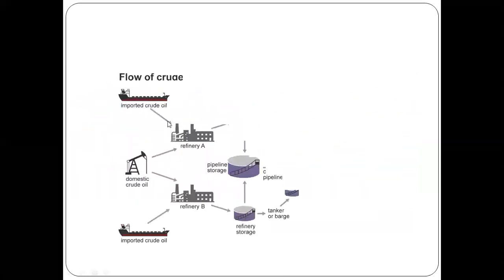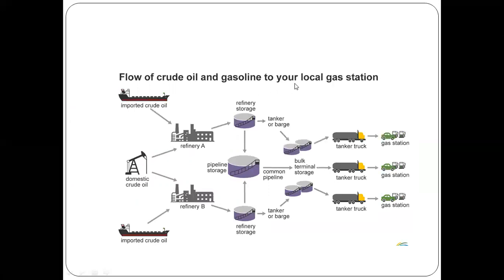Here I have given one flow chart. It shows the flow of crude oil and gasoline to your local gas station. Look at this, children. Imported crude oil, refinery. In the refinery, we know oil is refined, purified, then it moves to refinery storage and through tanker or barge.